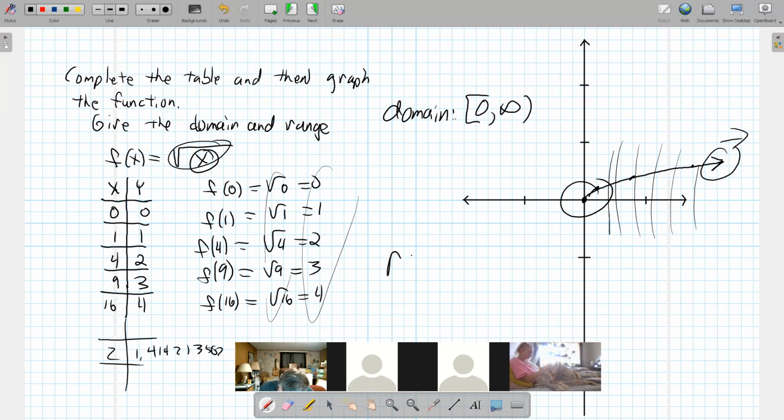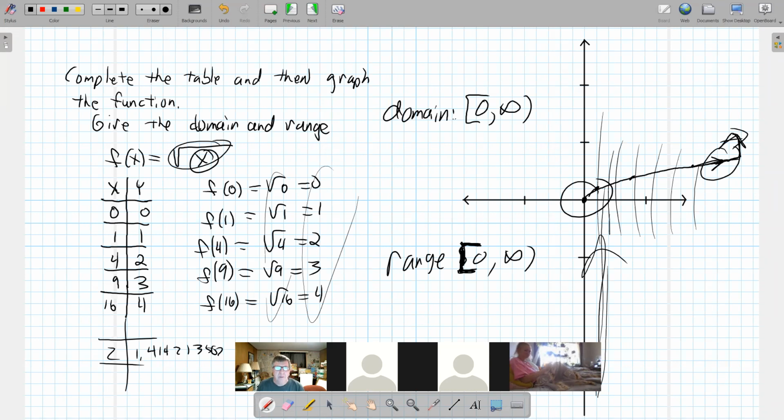The range, well, let's see. The first range value is 0. And as this is going over, it's also going up. So the range is also 0 to infinity. This should be a bracket, 0 to infinity. Any questions about that example?